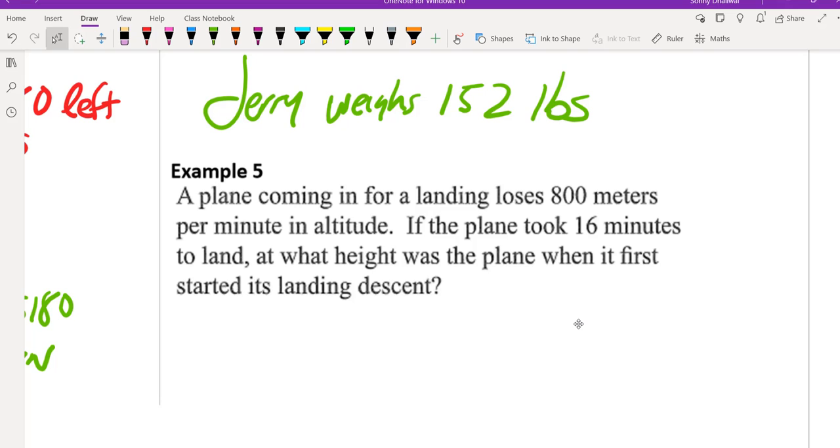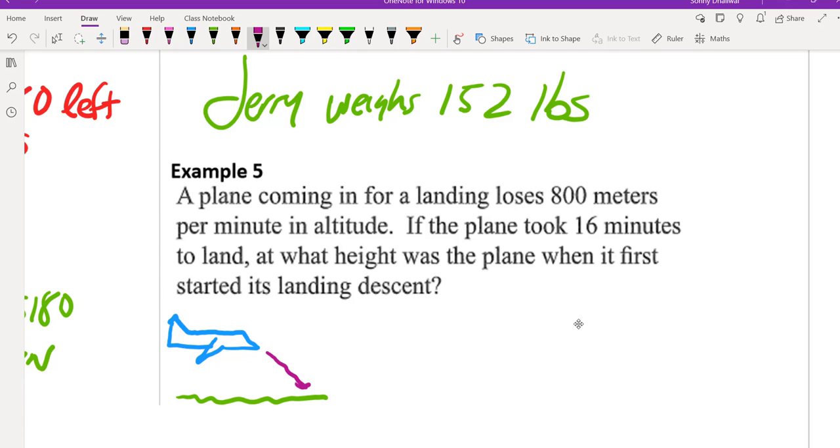So in 2 minutes, it's dropped 1,600 meters. 3 minutes, it's dropped 2,400. You can draw a little picture if it helps you. So you have a plane, here's the ground, you have a plane flying. That's my horrible plane. And it's dropping downwards at 800 meters every minute.